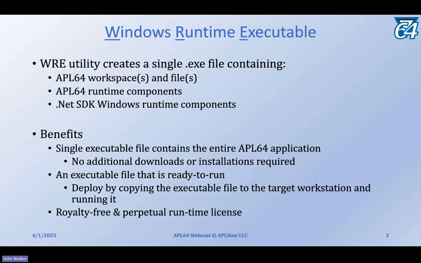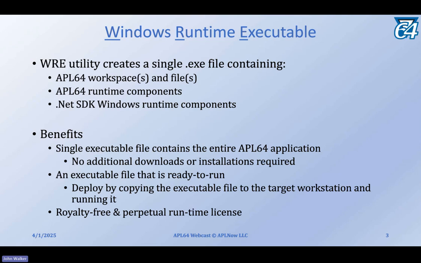Moving on. Basically the WR utility will create a single executable file containing your APL64 workspace and any files related to that. It will also package up the APL64 runtime components. Lastly, it would also include the .NET SDK Windows Runtime components.